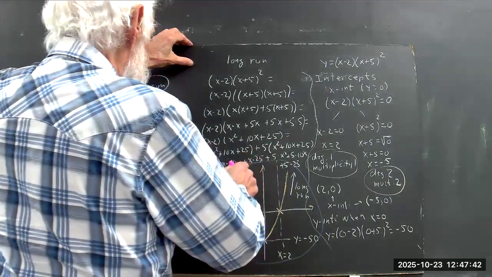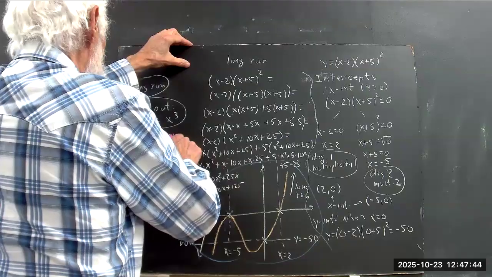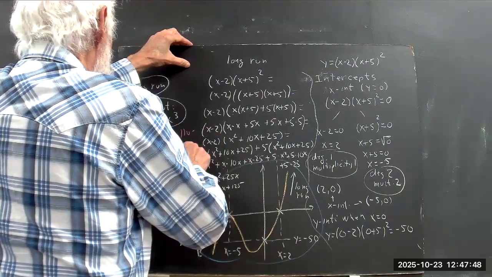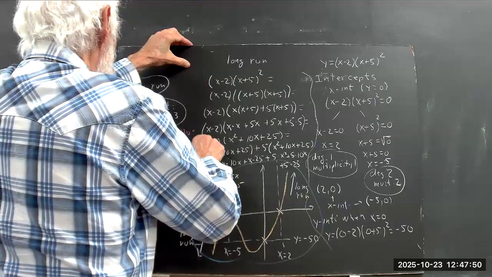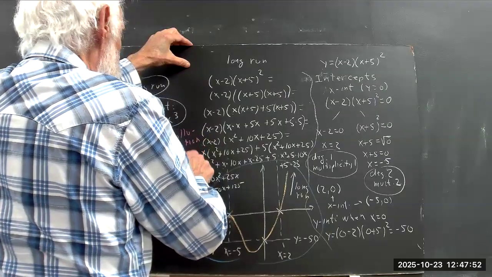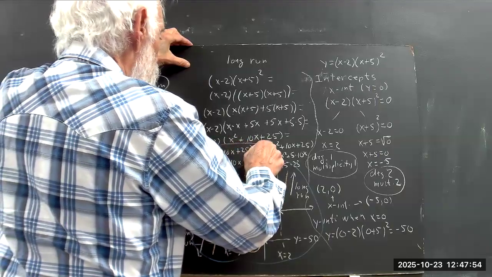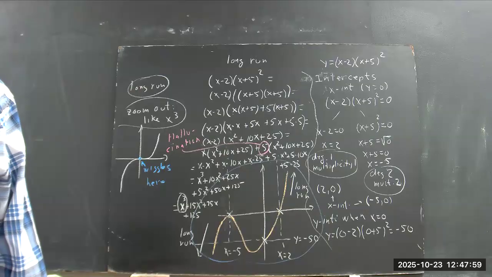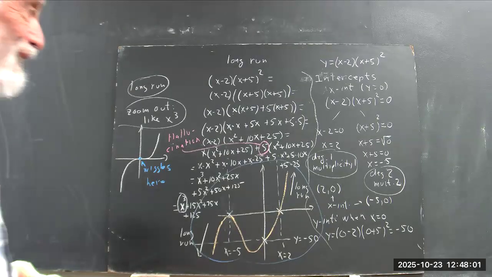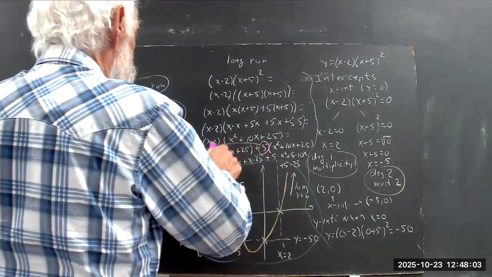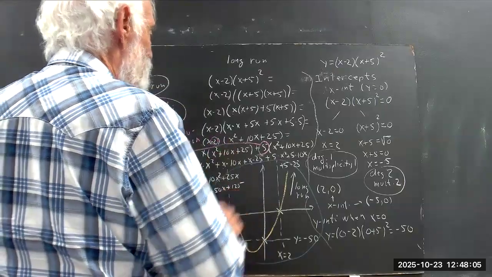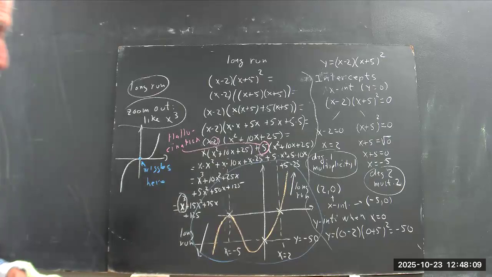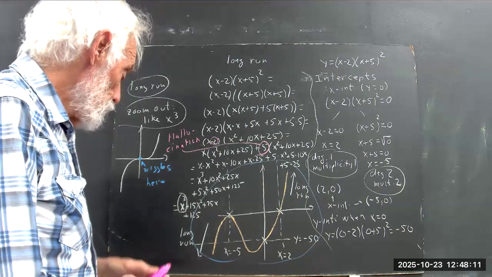So there's my hallucination for the week. Okay. That 5 should have been a 2, negative 2. Okay.